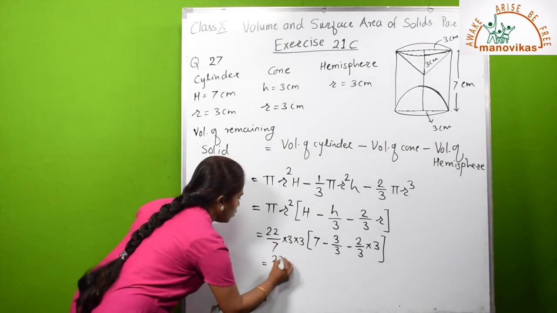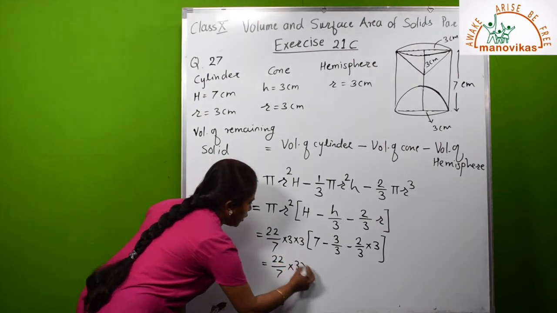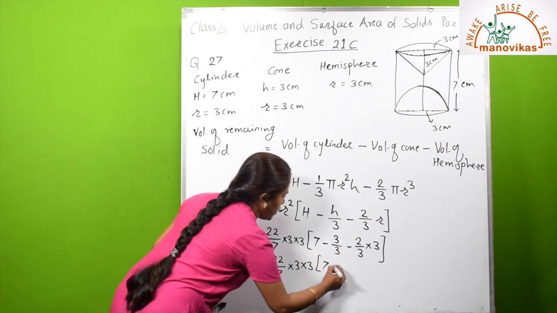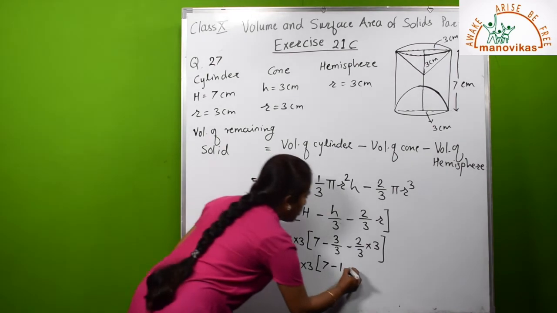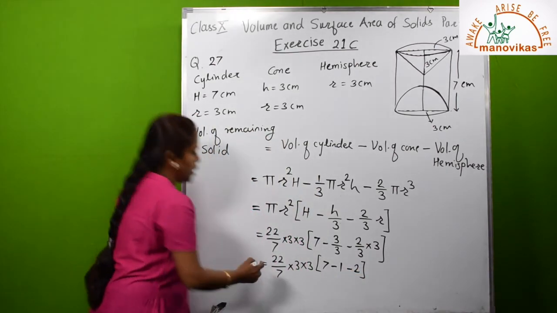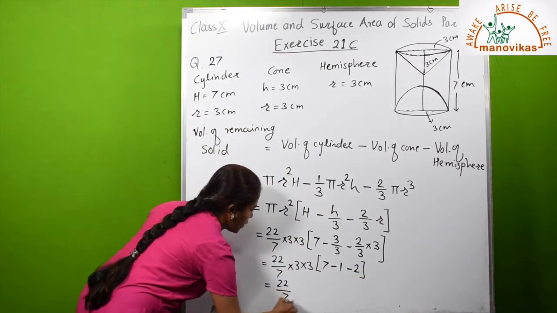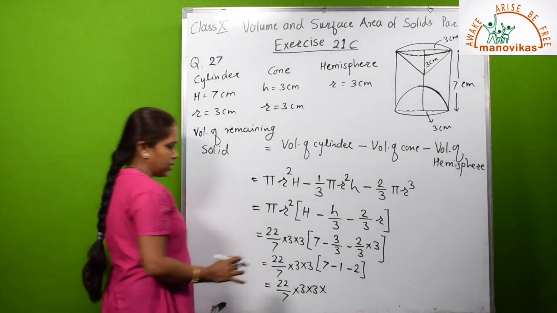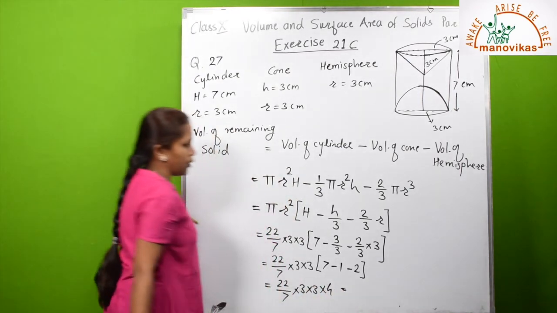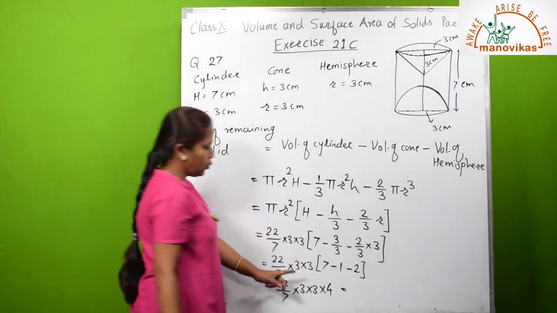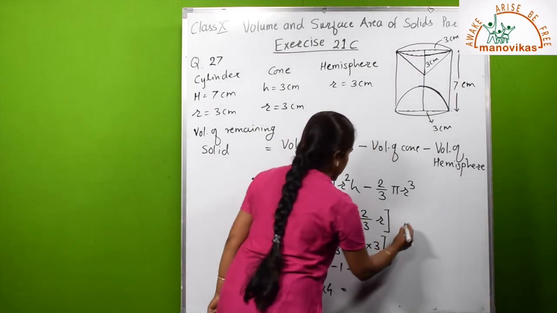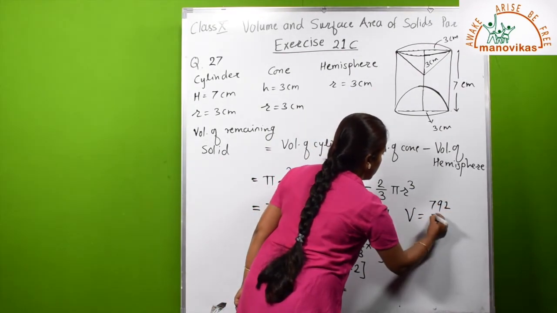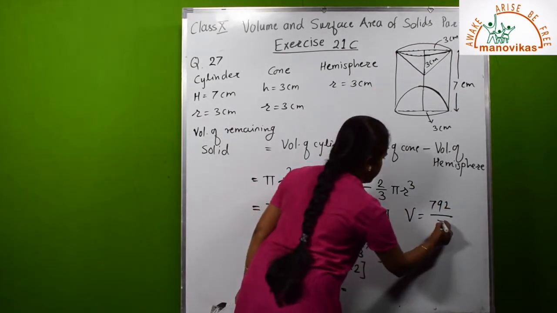So it is equal to 22/7 into 3 into 3 bracket 7, 3/3 is 1, minus 2. So here you get 22/7 into 3 into 3 into 7 minus 3, that is 4, is equal to 22 into 3 into 3 into 4. That multiplication you get, I'll write here, 792 divided by this 7.